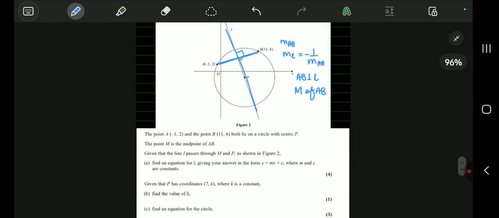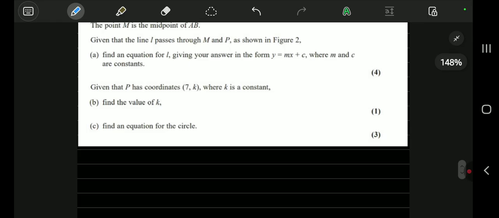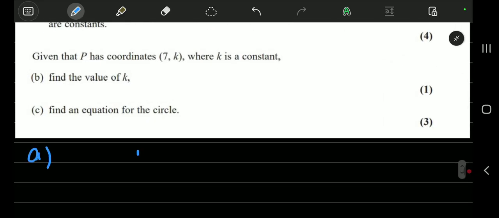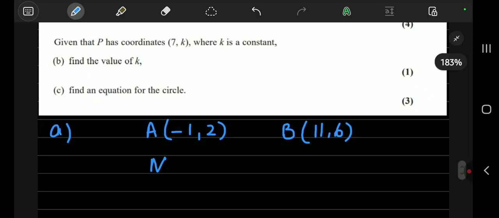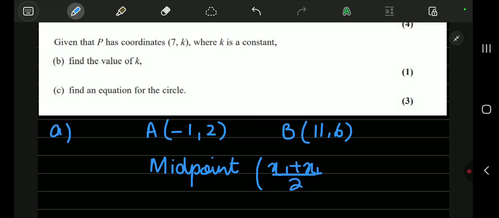So let's begin. A is (-1, 2) and B is (11, 6). Secondly, let's first find the midpoint. The midpoint formula is (x1 plus x2 over 2, y1 plus y2 over 2).